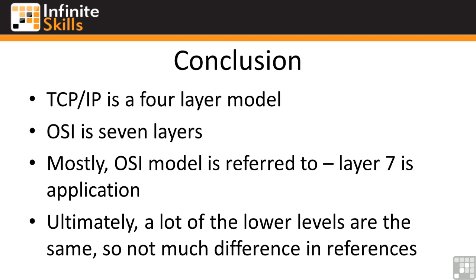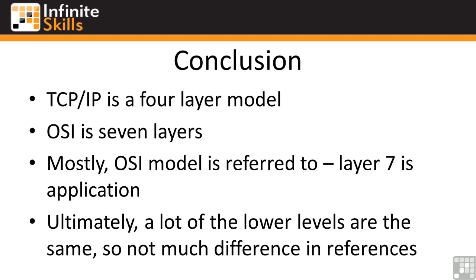Mostly when you hear people talk about the different layers in a network stack and they start talking about protocols and how they're broken apart and they refer to different layers, they're really referring to the OSI model. For example, layer 7 is the application layer. And the OSI model is the only model that has the 7 layers. So if you start hearing somebody talk about a layer 7 thing, then that's definitely the OSI model, because the TCP/IP model doesn't have 7 layers.